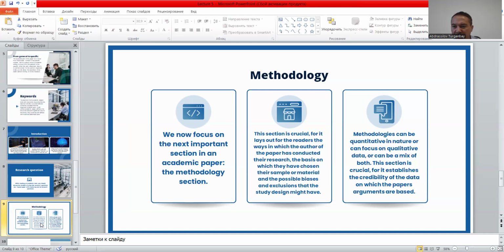Methodologies can be quantitative or qualitative in nature, or a mix of both. The methodology is very important, as it establishes the credibility of the data on which the paper's arguments are based.